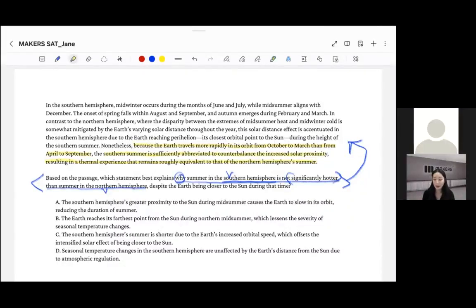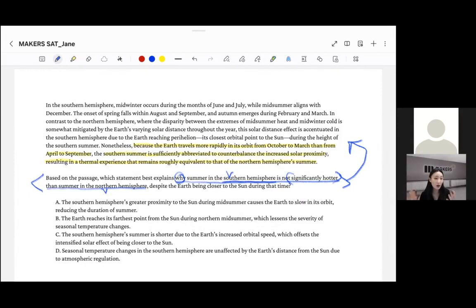This part would be what we would have to look at to get the right answer. So the passage is explaining that although the Southern Hemisphere is closer to the sun during the summer, it doesn't experience significantly hotter summers because the Earth moves faster in its orbit, making the southern summer shorter and ultimately balancing out the increased solar intensity.